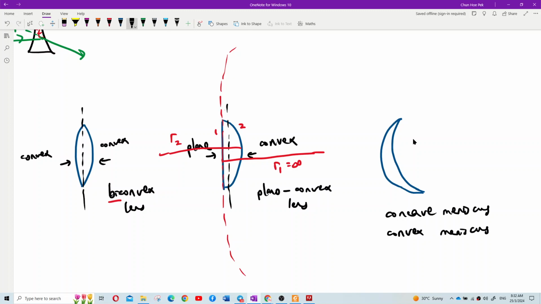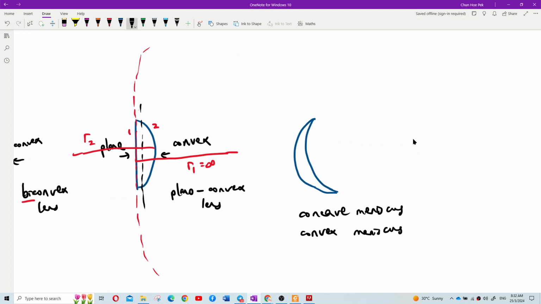Tell me, class. Is this convex meniscus or concave meniscus? Come on, I need a response. Yeah? Convex. Yeah, convex meniscus.